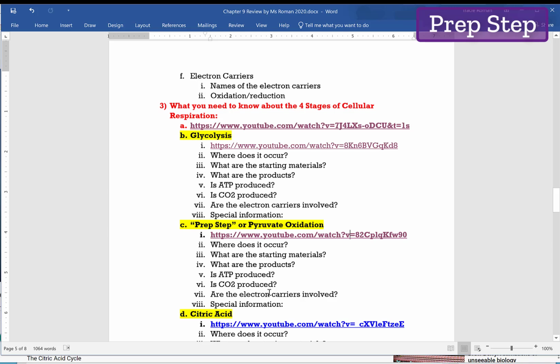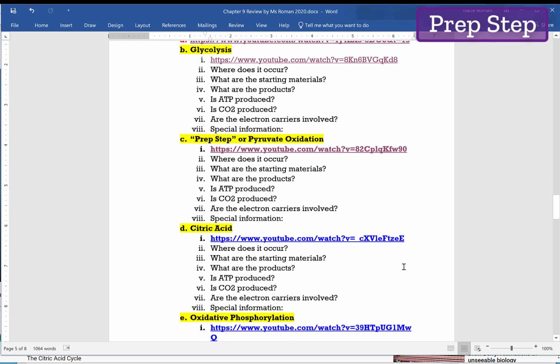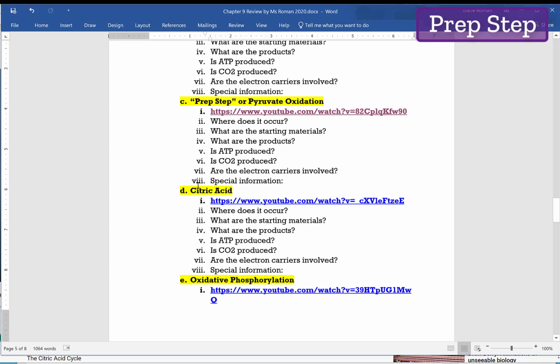NAD plus does get reduced and then takes those electrons to the end of cellular respiration. Special information would be the fact that it is taking place in the cytoplasm and then in the mitochondria. It's the only step that is located in both regions of the process.